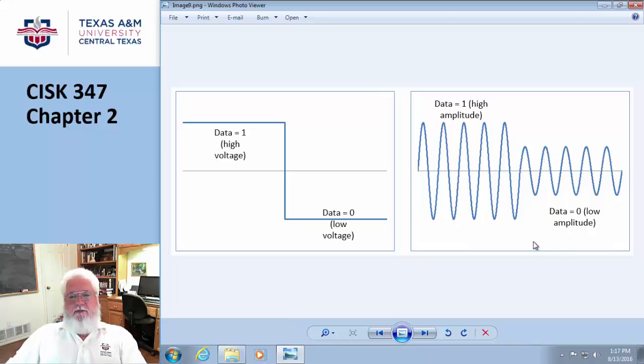So this would be just like an AM, amplitude modulation, radio. If it had been the other way around, if the waveform had been solid, but it's like a spring, it squashed up over here and then expanded over there, that would be frequency modulation, FM radio, and that's how that works.